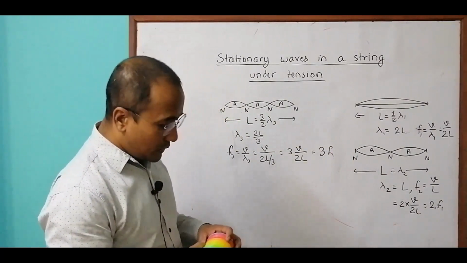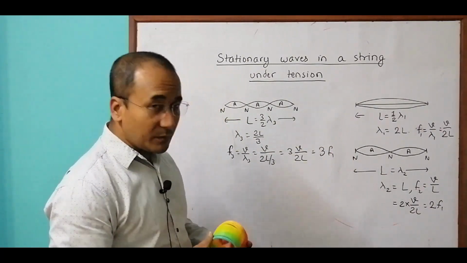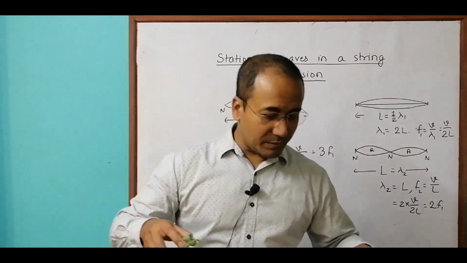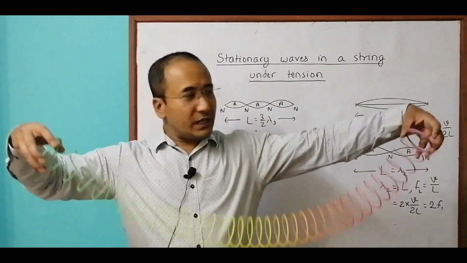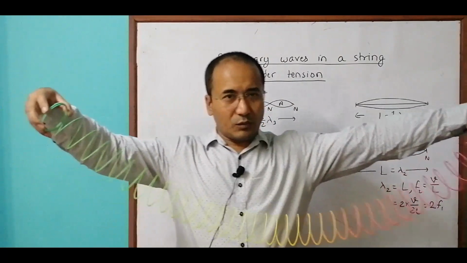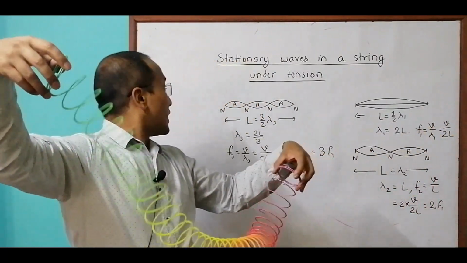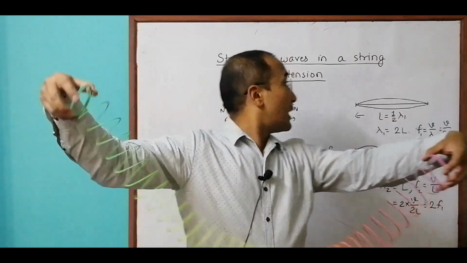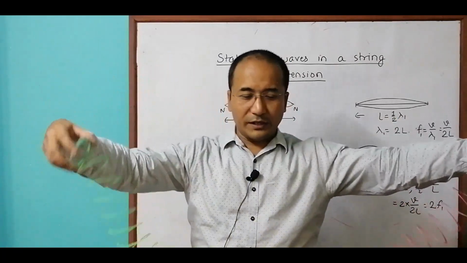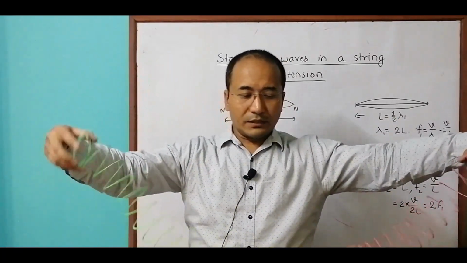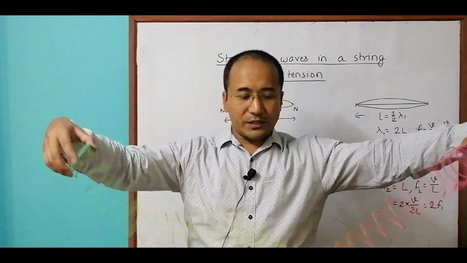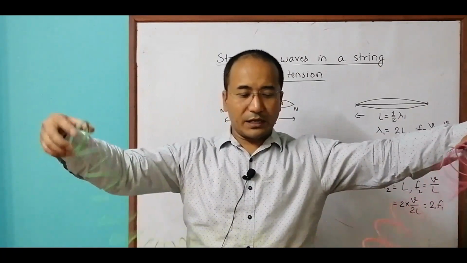Now if I go on vibrating it, I can have even more nodes here. So let me try just one more step. Here I have to form 3 nodes and 4 antinodes. Let me try. Yes, so I'm doing it.